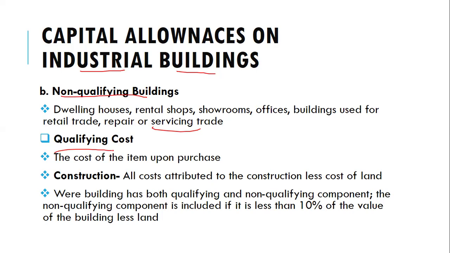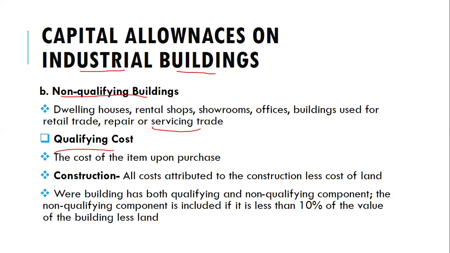There are certain situations where you've got a building that has both a commercial component and an industrial component. In that situation, you need to establish whether you're going to include the commercial component as part of the industrial component. There's a way that we are supposed to calculate that qualifying cost. But for now, we're just sticking to the theory.